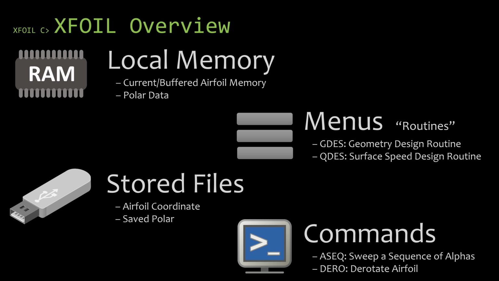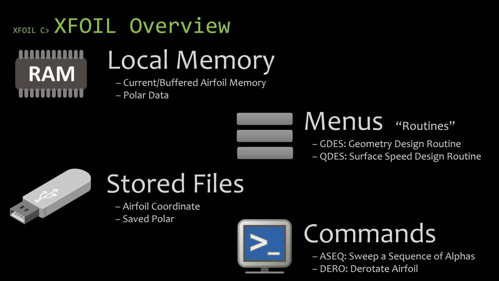If you have, say, an airfoil shape in the local memory that you loaded in, there might be some commands that you can use to change the airfoil shape or some properties of the airfoil, or it could be commands to perform certain tasks. Say we want to run an analysis of this airfoil at 5 degrees of angle of attack. You would use certain commands to perform that task or that routine. So that's how.